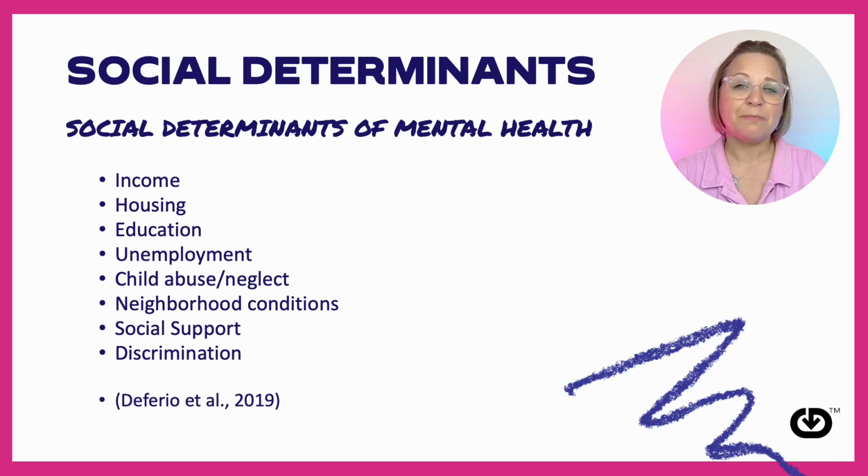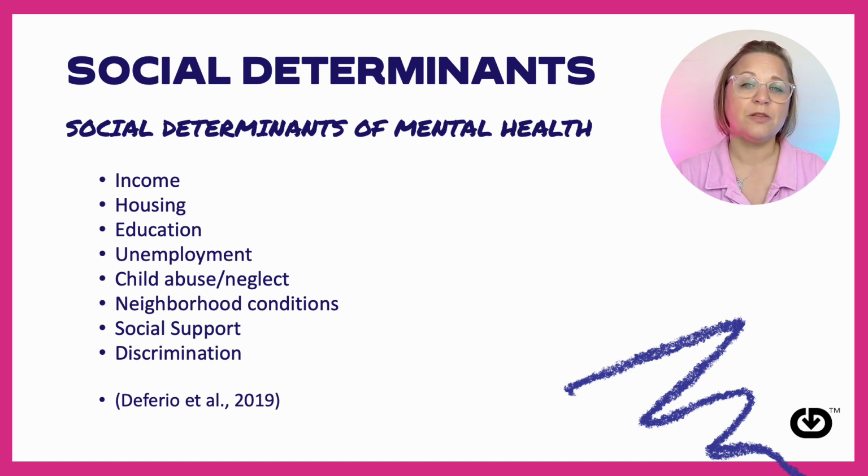Did you know that the family that you're raised in and the community that you lived in can impact your outcomes with mental illness? These are called social determinants of mental health. And things like income, housing, education, employment, abuse can all impact your likelihood to get a mental illness and then the outcome that you have with that mental illness and how severe it gets.